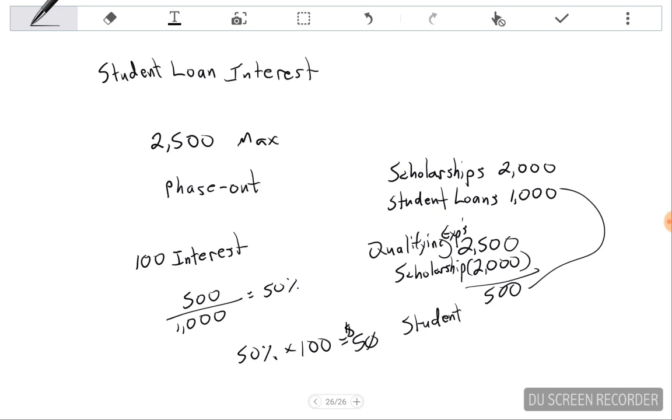So like employer-paid educational assistance, funds withdrawn from a Coverdell, one of those tax-exempt accounts that I told you about, tax-free scholarships. So you'd have to reduce the tuition amount by any of those benefits you get before you apply the expenses to the loan.